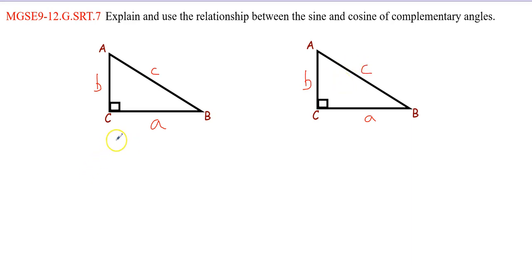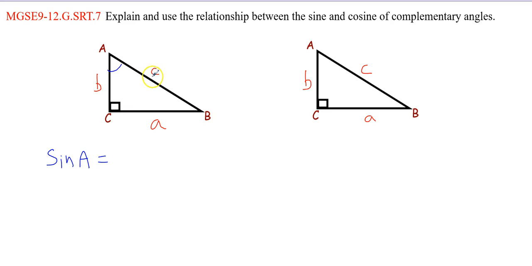Now let me find what sine A is. What is the value of sine A here? First I have to label its hypotenuse, adjacent and opposite side. For this angle A, you already know that this is the hypotenuse.